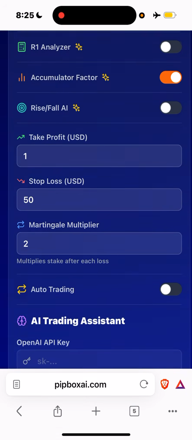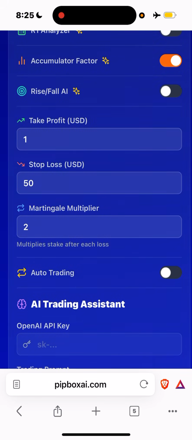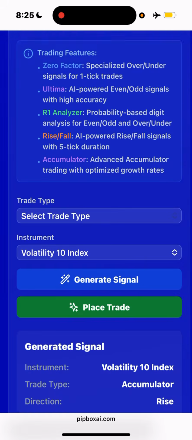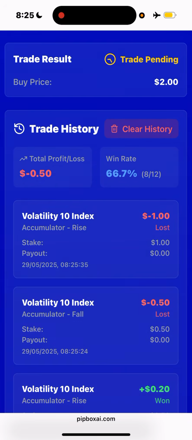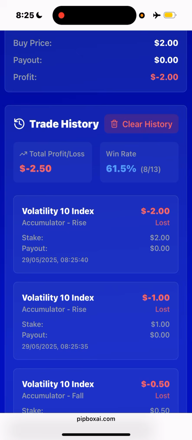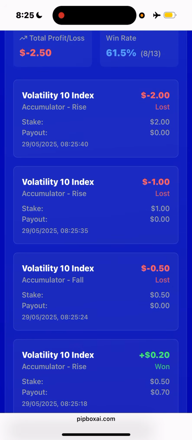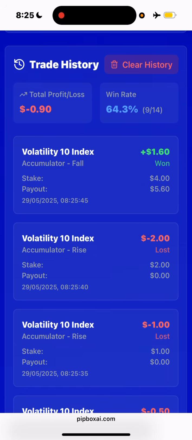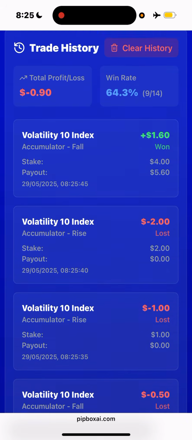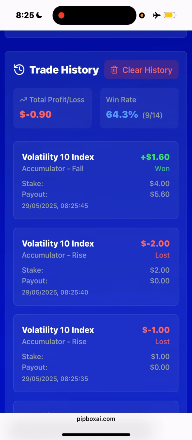We need to come back and enable auto trade because we want to recover this loss that we made. Okay, we have that loss right there. 3 losses. Let's see, that doesn't hurt. You just have to be positive.